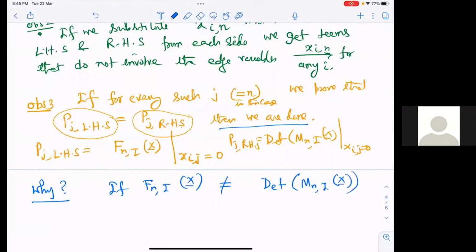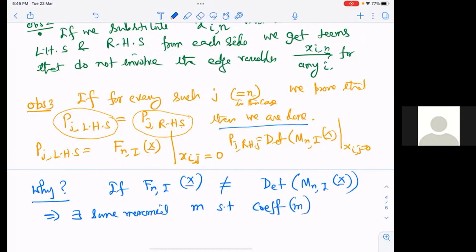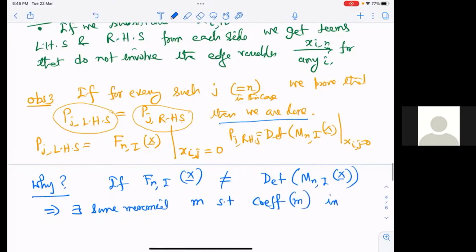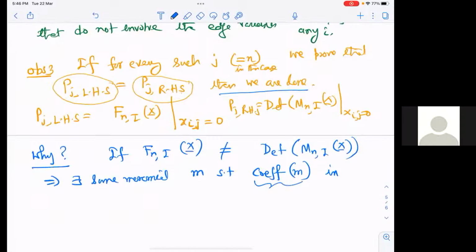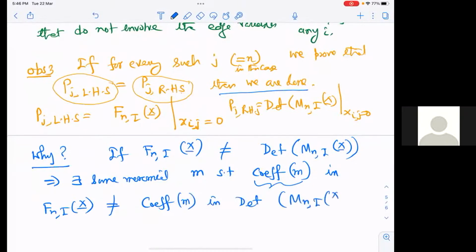Definitely there exists some monomial m such that the coefficient of m in f n i x bar is different from the coefficient of m in the determinant of m n i x.